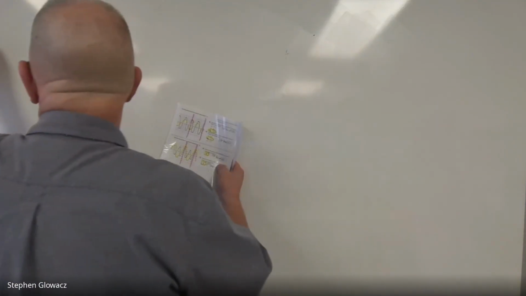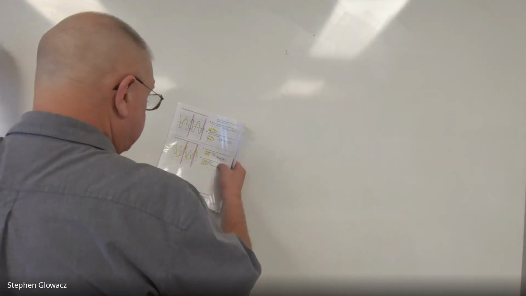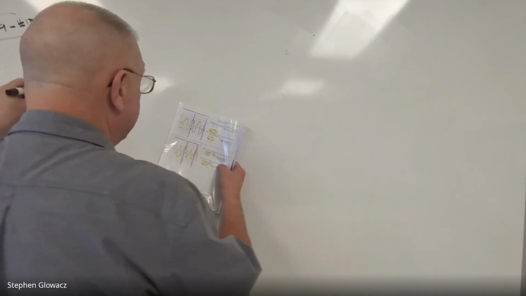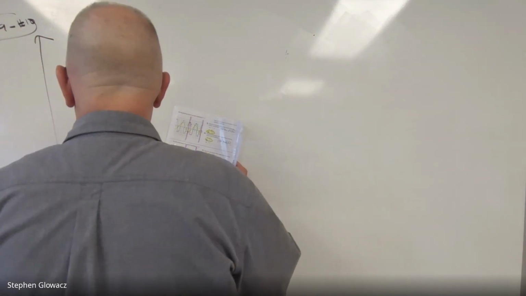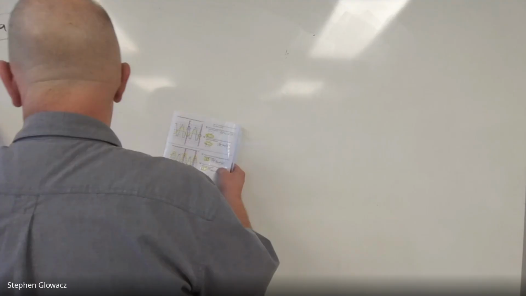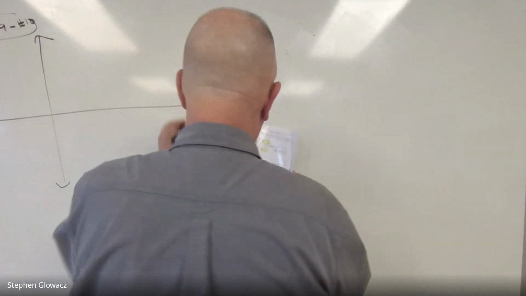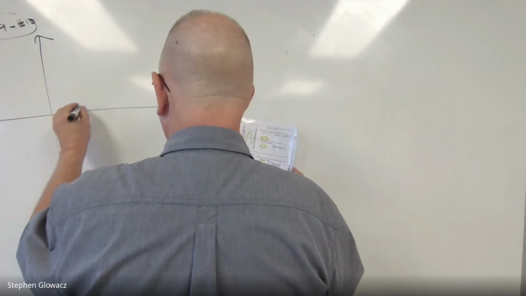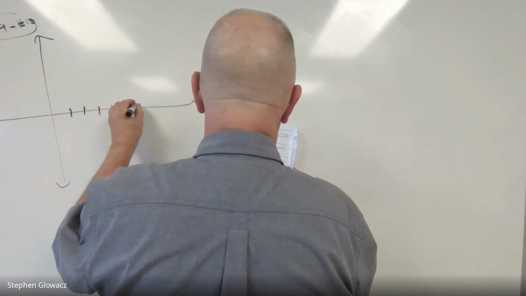This next graph, as we turn the page to page 30, will be for problems 9 and 10. Let's set this up here like this. We have 1, 2, 3, 4, 5, 6.